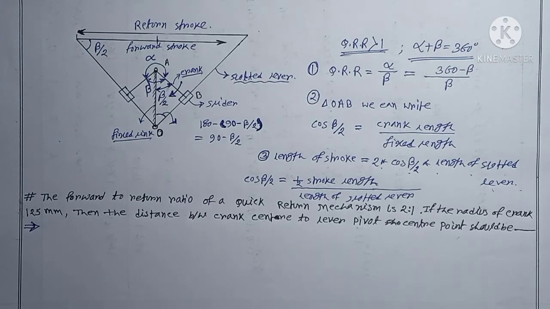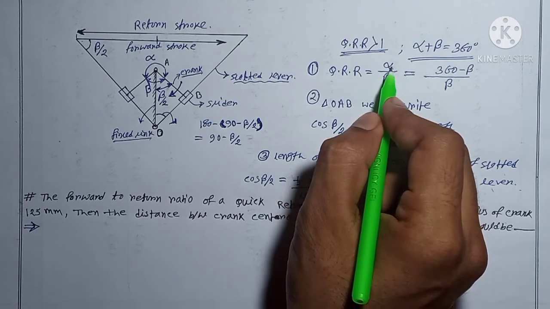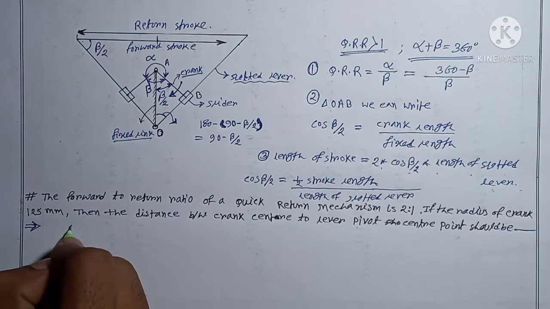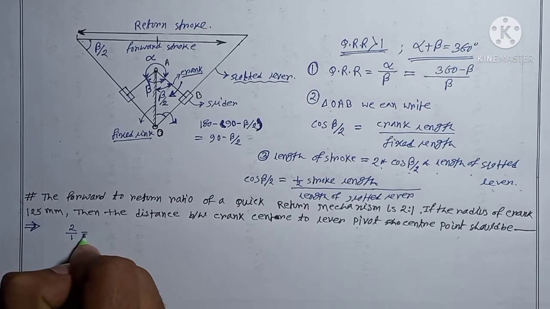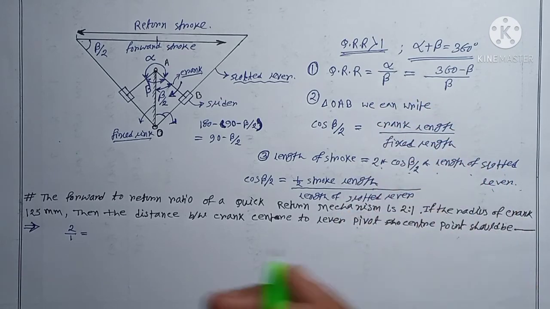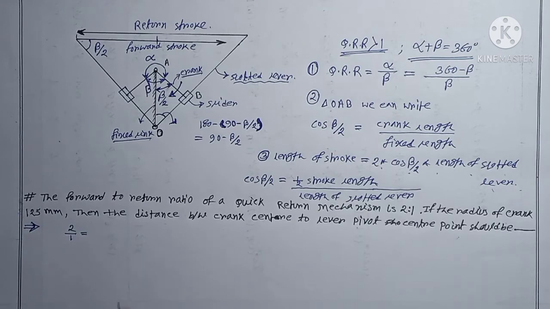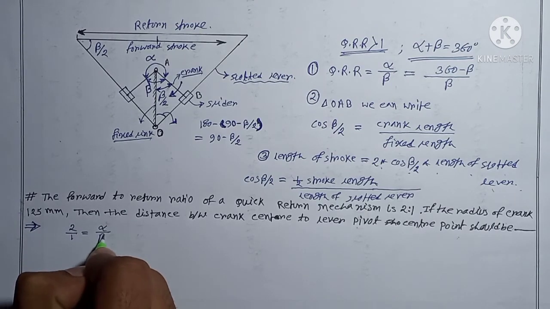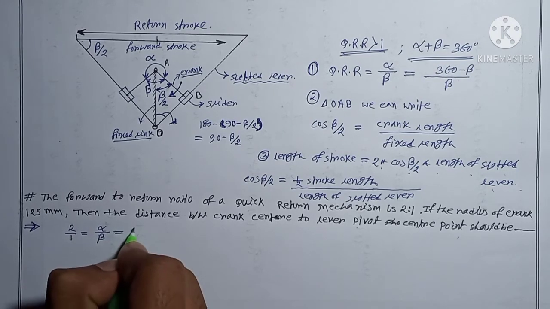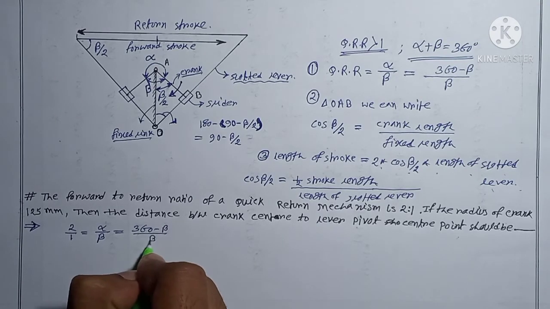Okay, so let's solve it. Quick return ratio is alpha by beta. If alpha and beta are provided, we can find the quick return ratio. Here the quick return ratio is provided as 2/1, so we can find the angle alpha by beta. If I write alpha by beta in terms of beta only, it is 360 minus beta by beta.